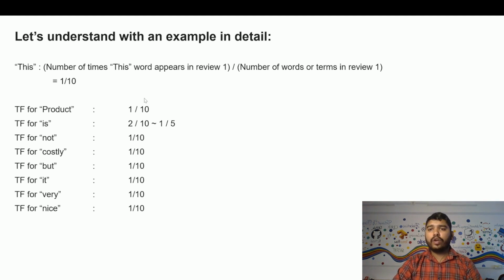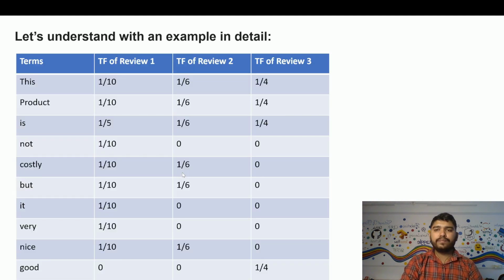This way we can find term frequency. In the first column we put every word of our vocabulary, then in the second column we calculate term frequency for review 1. The word "good" is not available in review 1, so we put 0 directly. Likewise, we can calculate the term frequency of review 2 and review 3.